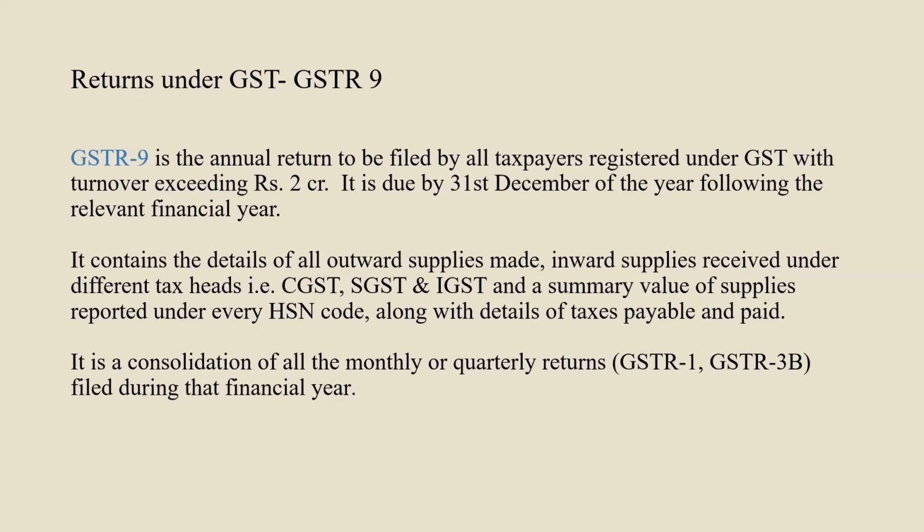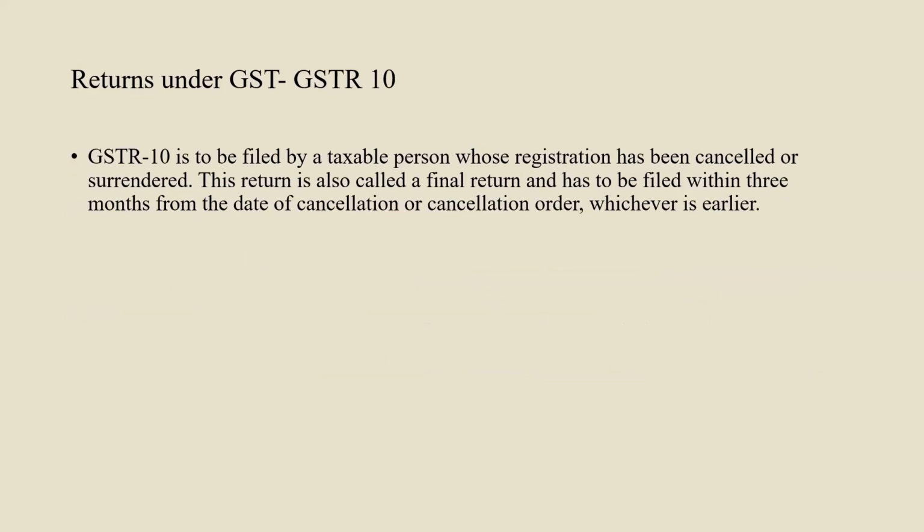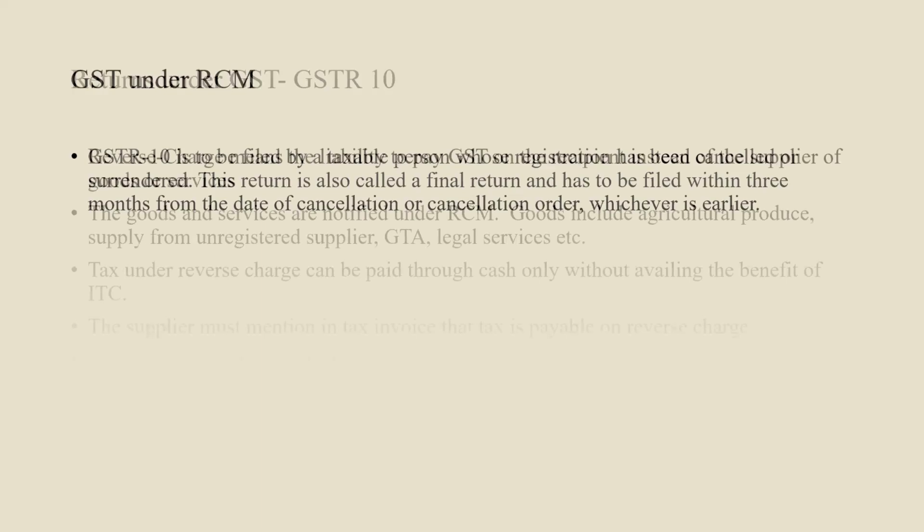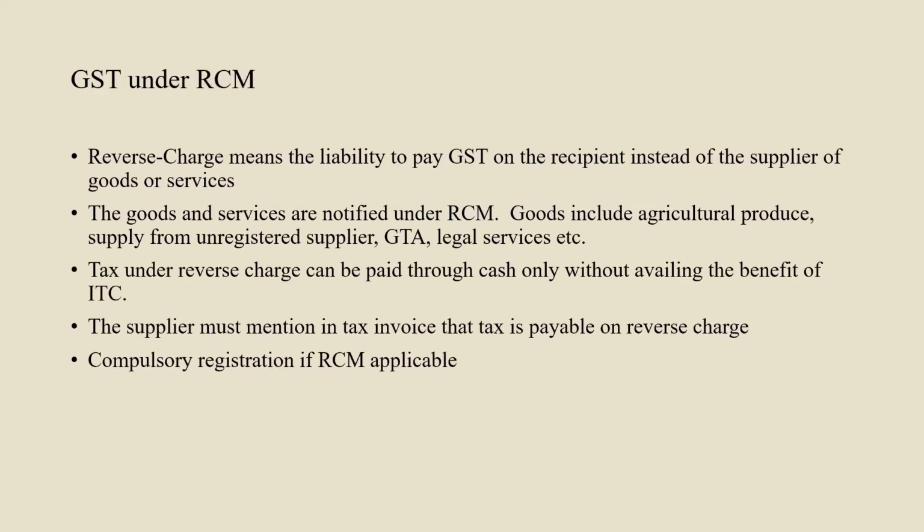So it contains the entire story for that particular financial year, all the months, all quarters, everything. Basically, it's a consolidated report for that particular taxable entity or dealer for the entire year. GSTR 10 is for when registration has been cancelled or surrendered. Forget about it. Now we come to GST under RCM.